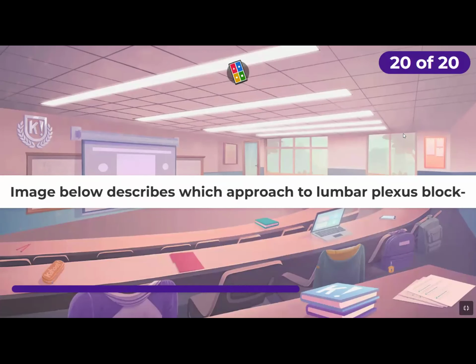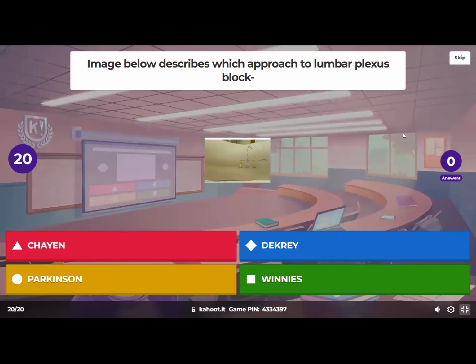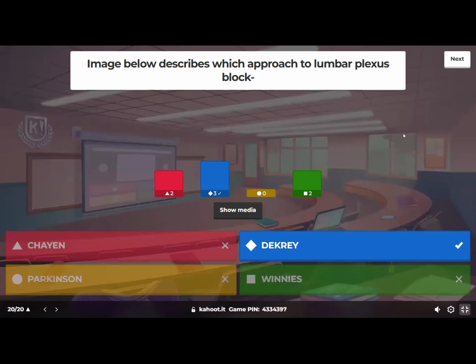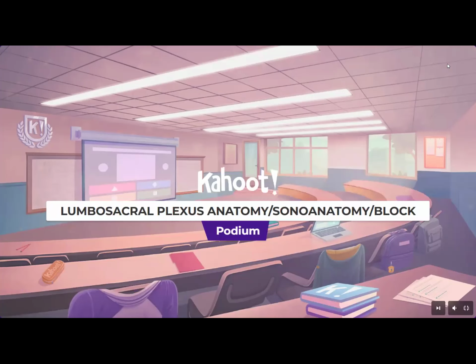Image below describes which approach to lumbar plexus block. Look at the yellow marking. Somebody is thinking deep. Yes. Let's see who is the winner this time.